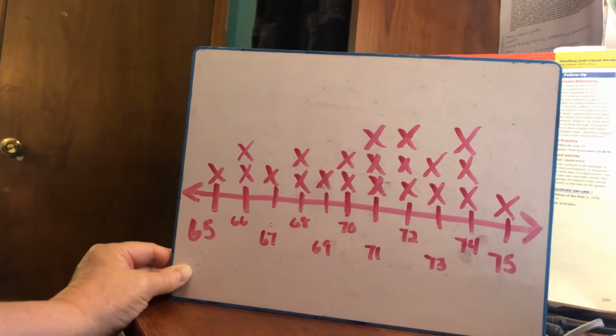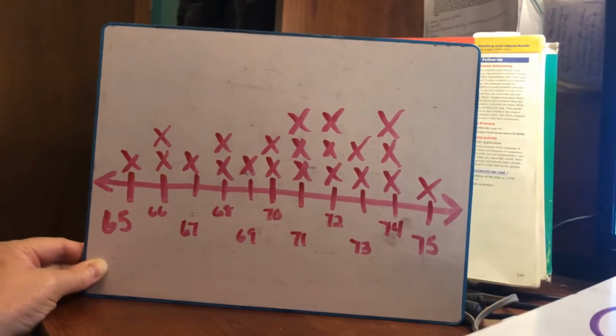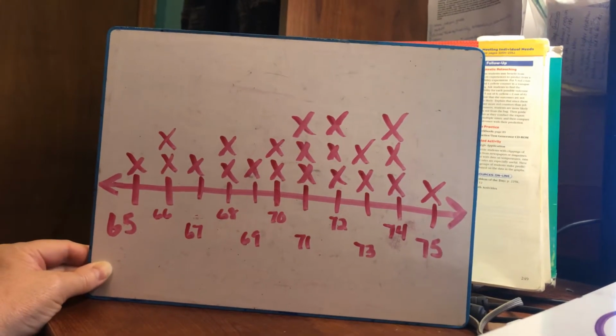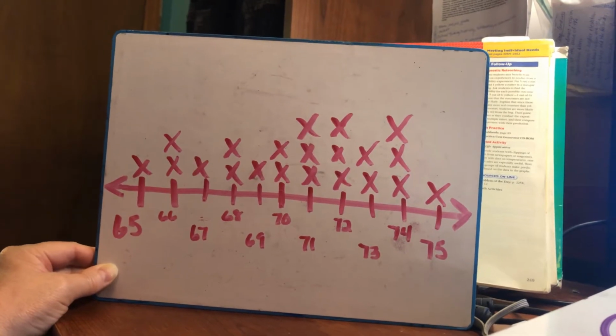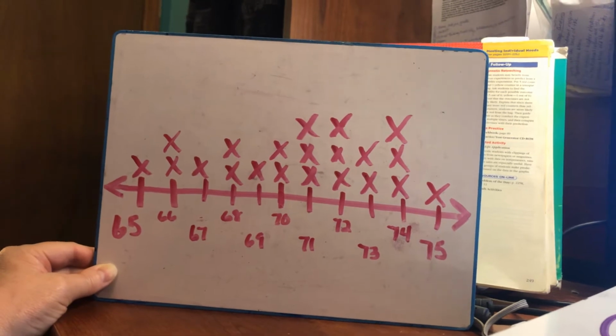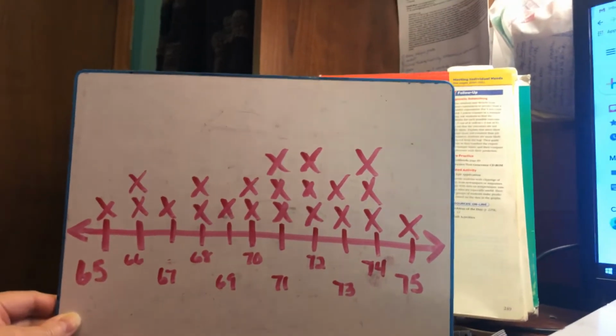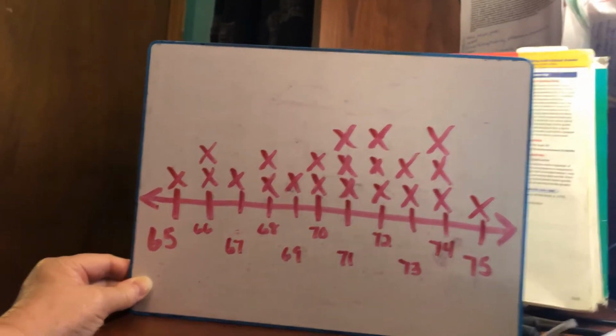Now that this line plot was created, the science teacher asked her students to make a prediction about what the next day's temperature might be like. She doesn't mean necessarily an exact number. She means about what temperature do you think it would be?